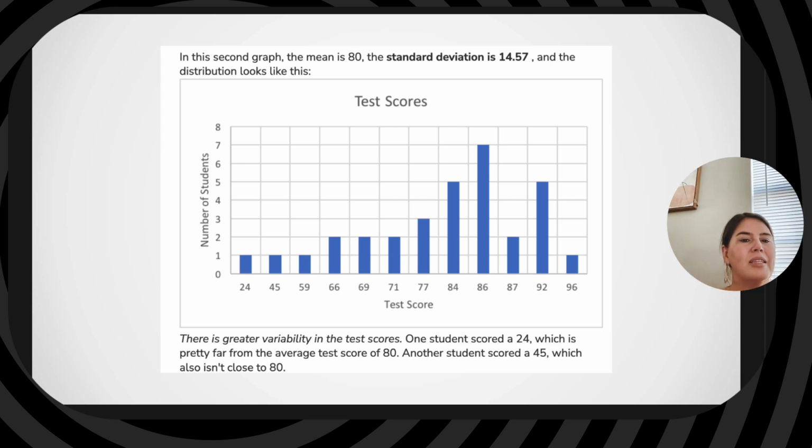The mean's 80 with a standard deviation of 14.57, and it looks like this. So one student was at 24, one was at 96. That range is great. But when we look at the mean being an 80, not a lot of the scores are around that. So it puts pause.